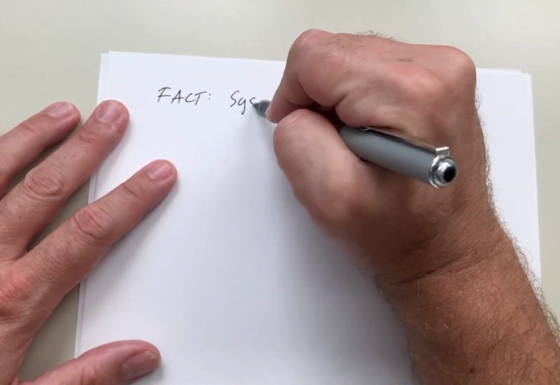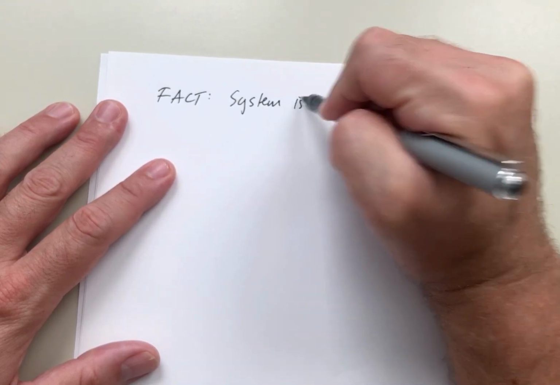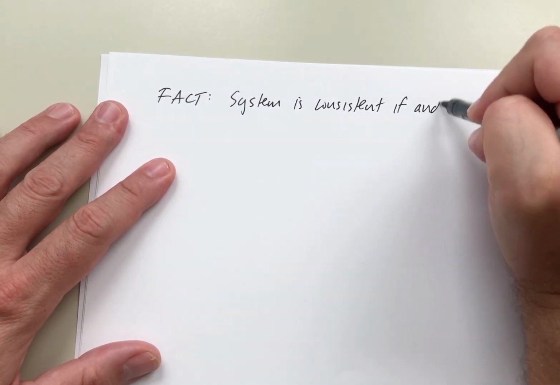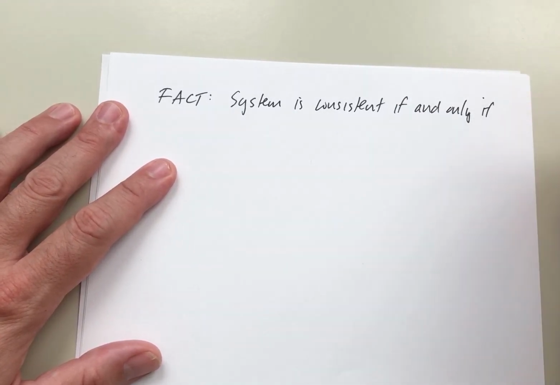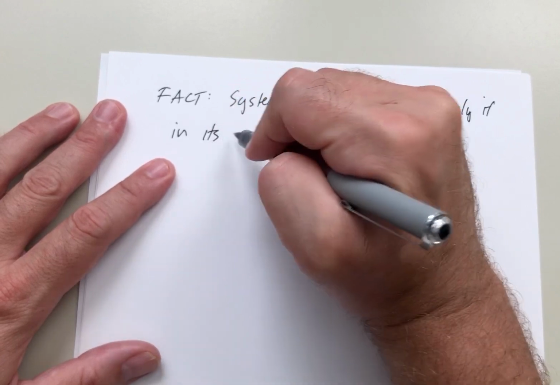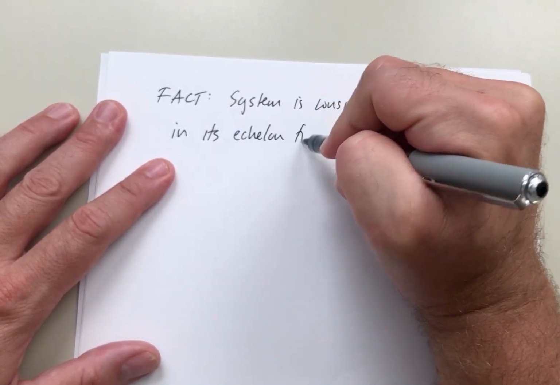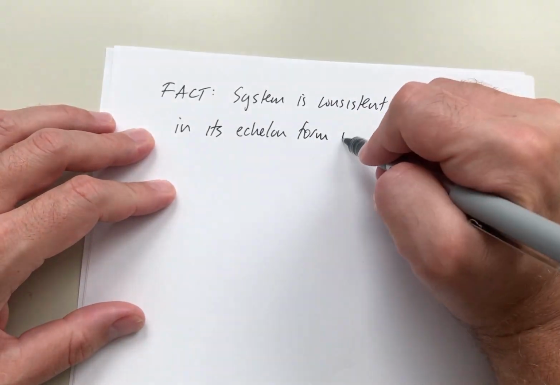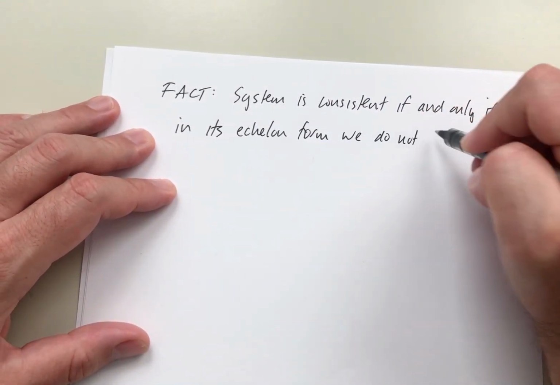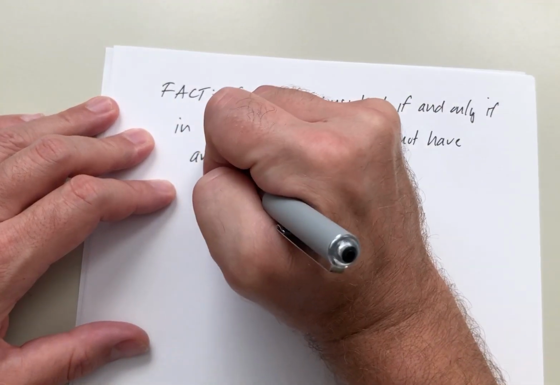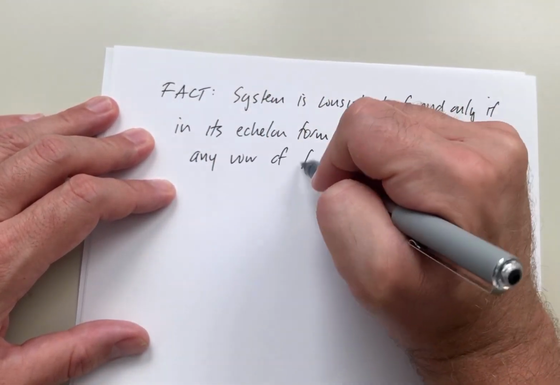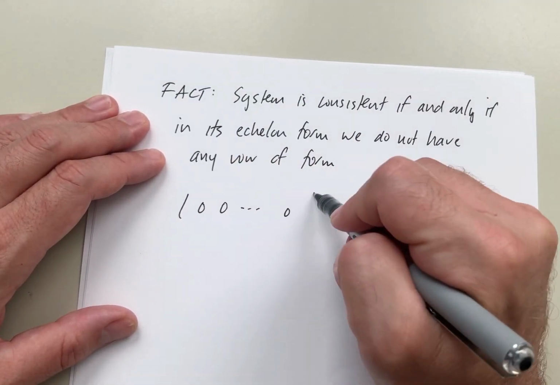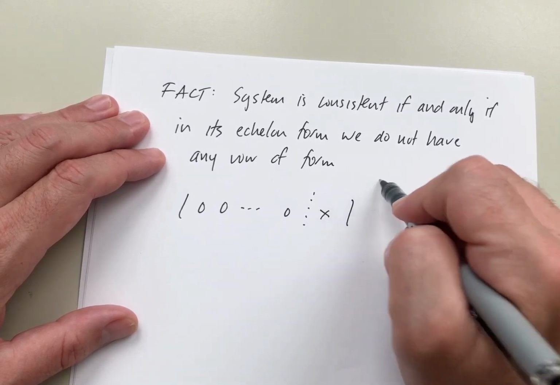A system is going to be consistent if and only if in its echelon form, which I haven't quite defined precisely yet, but we'll get to that, we do not have any row of the form 0, 0, 0, and then in the augmented part we have something that's non-zero.